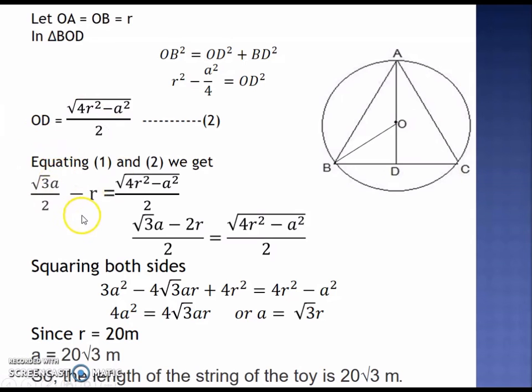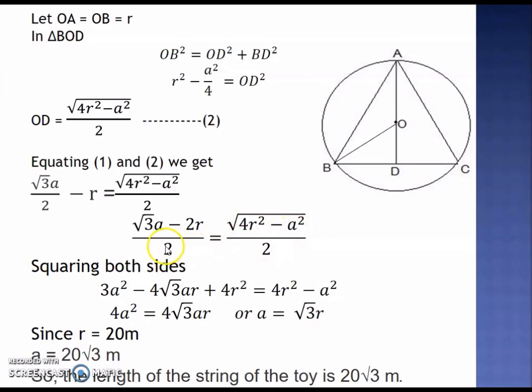So root 3 a by 2 minus R, from equation 1, is equal to square root of 4R square minus a square by 2, from equation 2. Next you have to simplify this. Take LCM: root 3 a minus 2R by 2 is equal to square root of 4R square minus a square by 2.